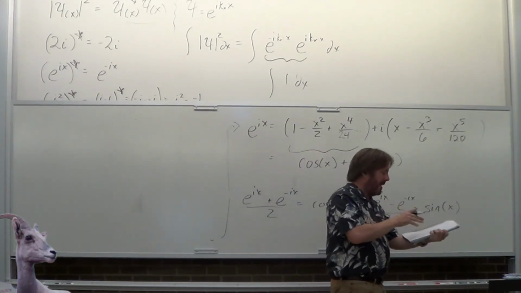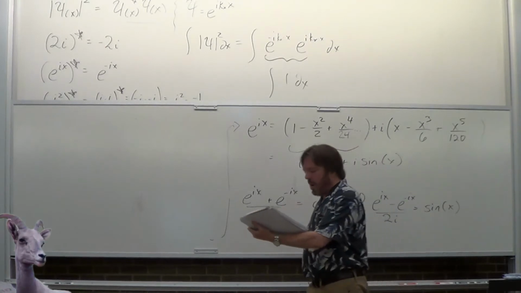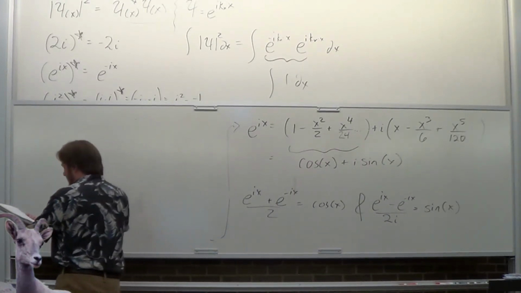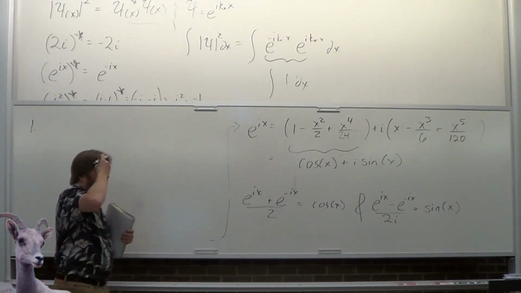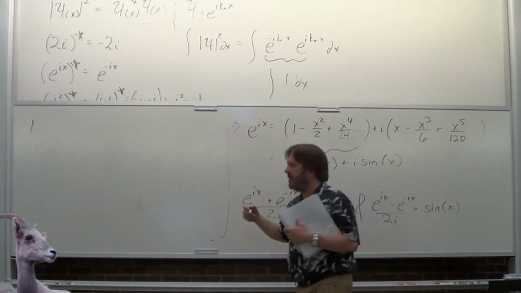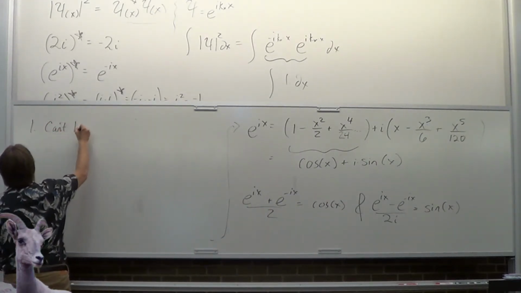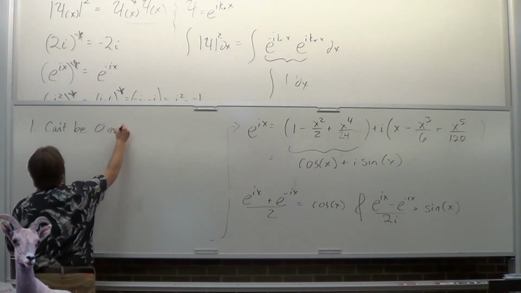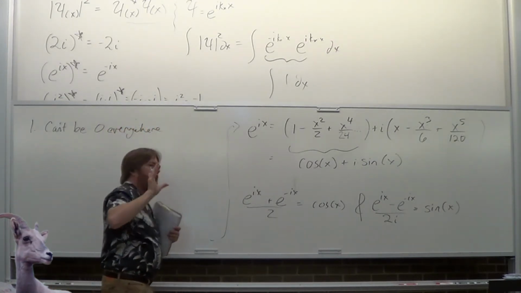Anyway, there are these four stipulations on quantum mechanical things that most textbooks will say: there are four things wave functions can't do, and they can't be zero everywhere. Okay, now this ends up being wrong.